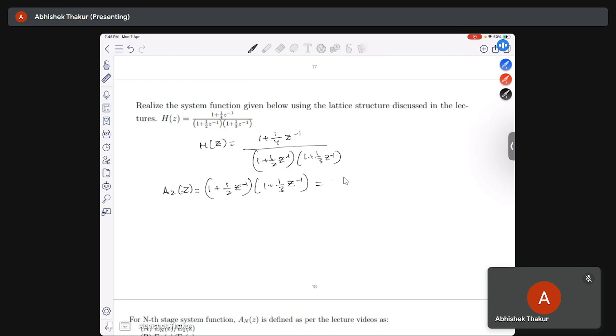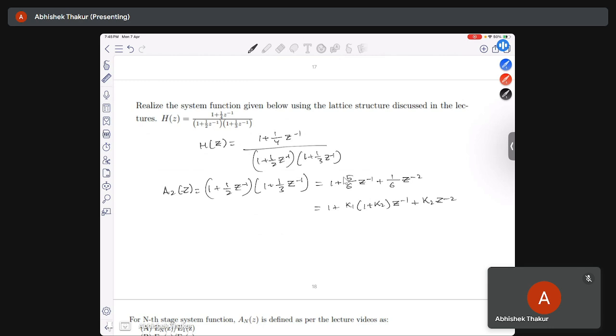So this will become 1 plus 5 by 6 z inverse plus 1 by 6 z to the power of minus 2. So this we can write as 1 plus K1 (1 plus K2) z inverse plus K2 z to the power of minus 2.